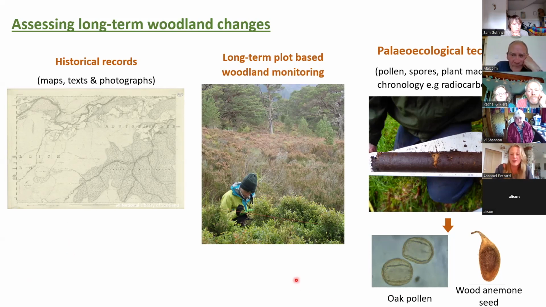Secondly, we have repeat long-term surveys. These can provide us with really in-depth details about vegetation changes in woodlands. However, in Scotland, or actually in the whole UK, our longest surveys are limited to the past 100 years. So this means they're only actually looking at a single generation of long-lived tree species such as oak.